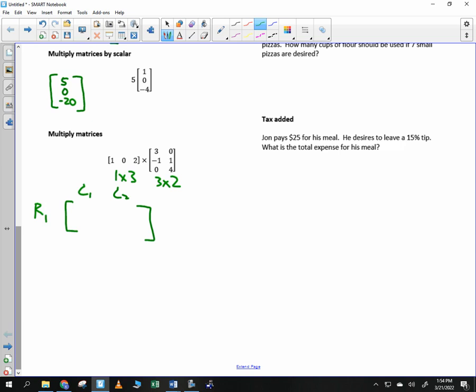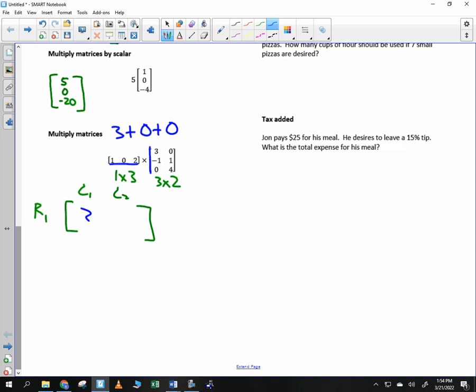And as Marissa said, just like we measure size by rows by columns, we multiply rows by columns. So you're going to take this row and multiply it by this column. So 1 times 3 is 3, and then we add that to 0 times negative 1, and then we add that to 2 times 0.